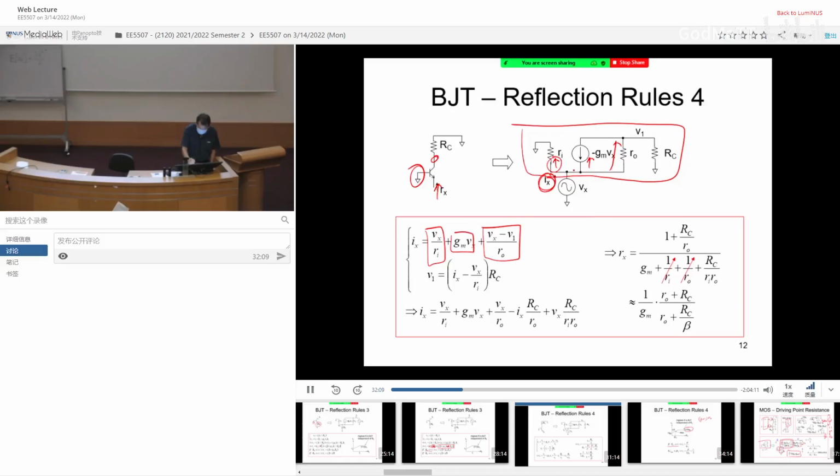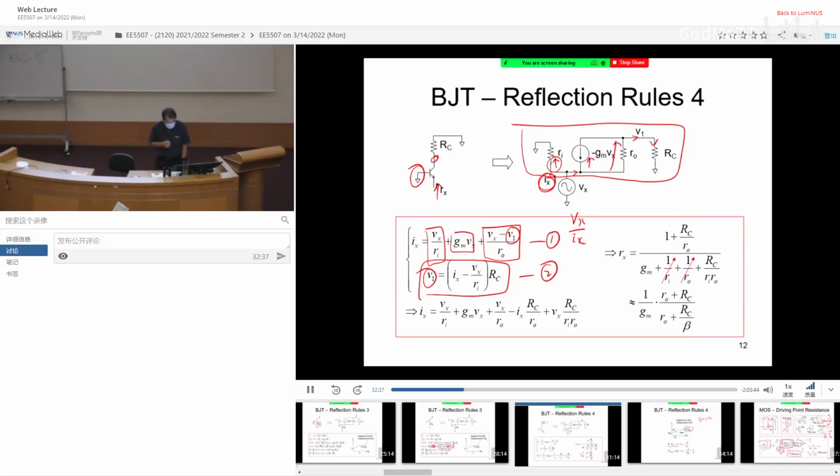So now I get the current flowing here, and this current will flow through RC to give you V1. So this is the second equation. Simple algebra. Now with these 2 equations simultaneously, I want to derive the relationship between Vx and Ix. So the intermediate variable V1, I need to remove it.